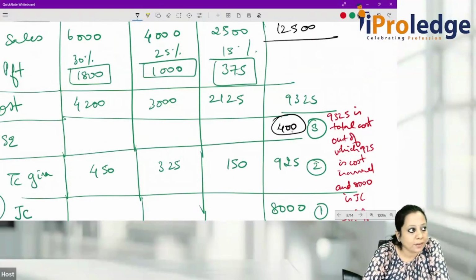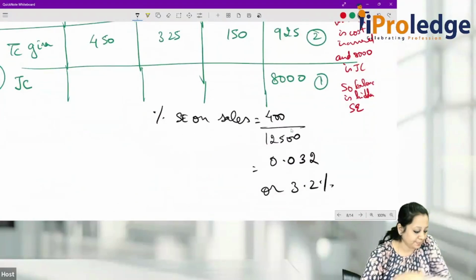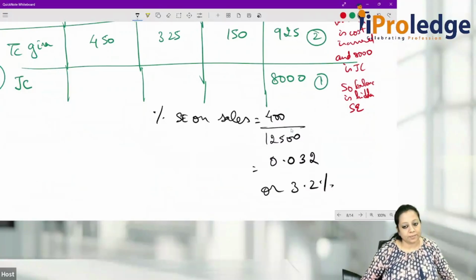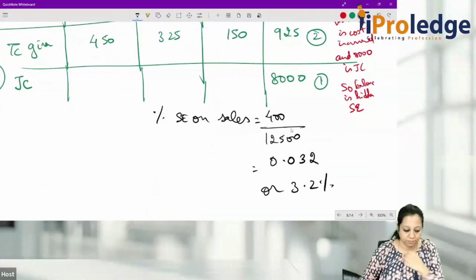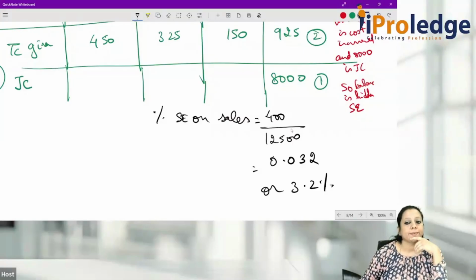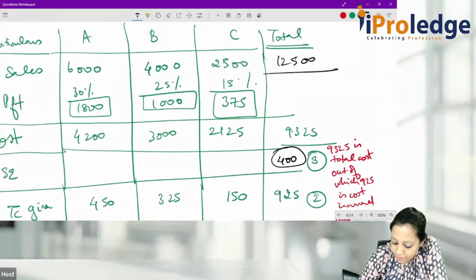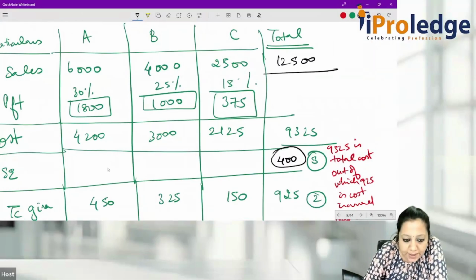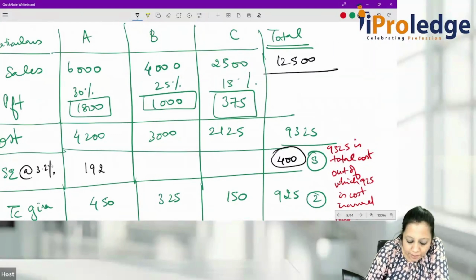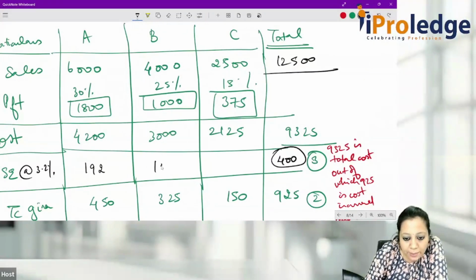So now we will proceed. 6,000 into 3.2%, that is 192. 4,000 into 3.2%, that is 128.